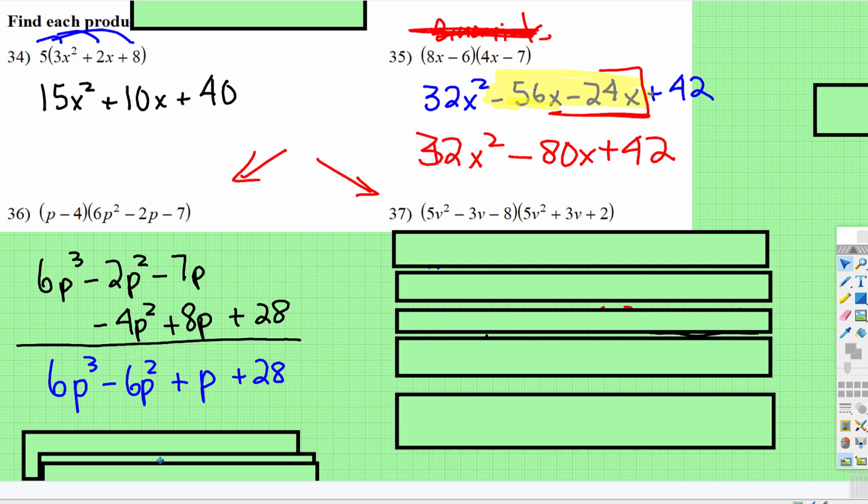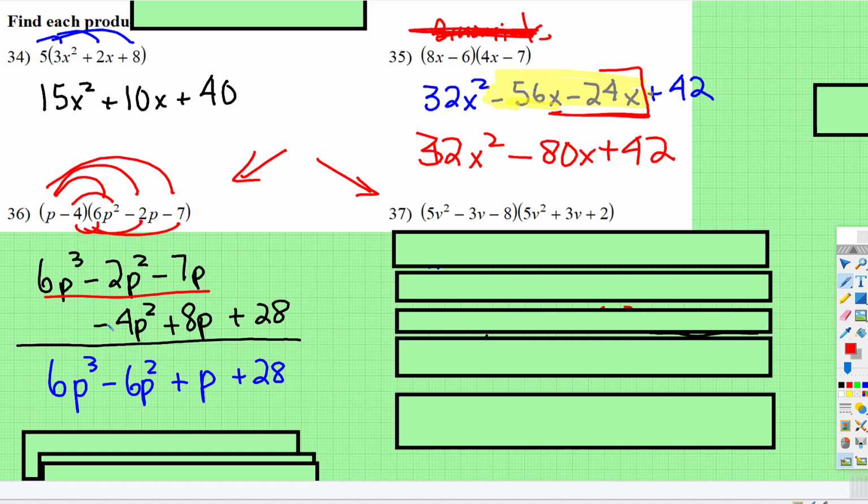So look at what we have. We have p times all three of those, which is right here, and then negative 4 times all three of those. And look at what I did: instead of putting them next to each other, because sometimes it's difficult to keep track of 6 things, I lined them up. Negative 4 times 6p squared.